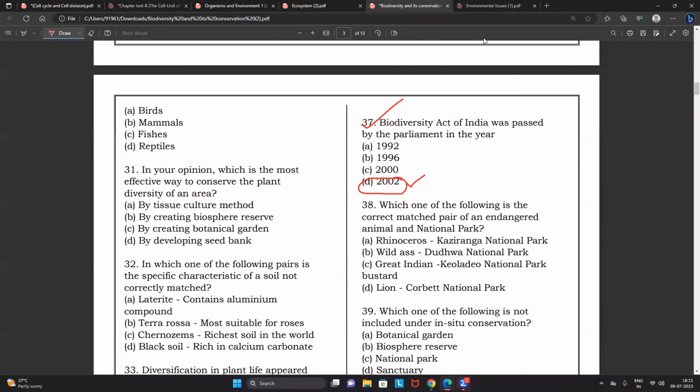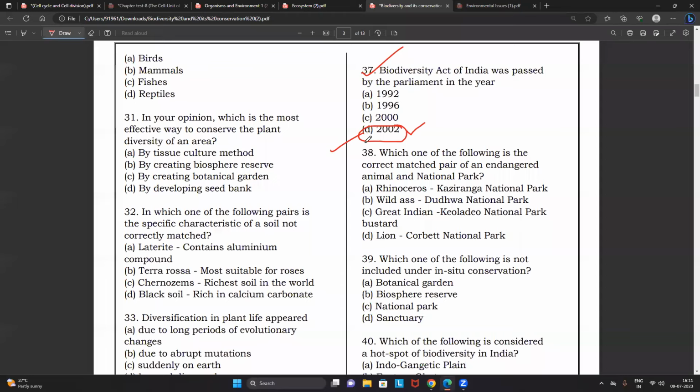Okay, no need to get confused with that particular point. Okay, question number 38. Which one of the following is the correct pair of an endangered animal and the national park? They only give an endangered animal and the national park.